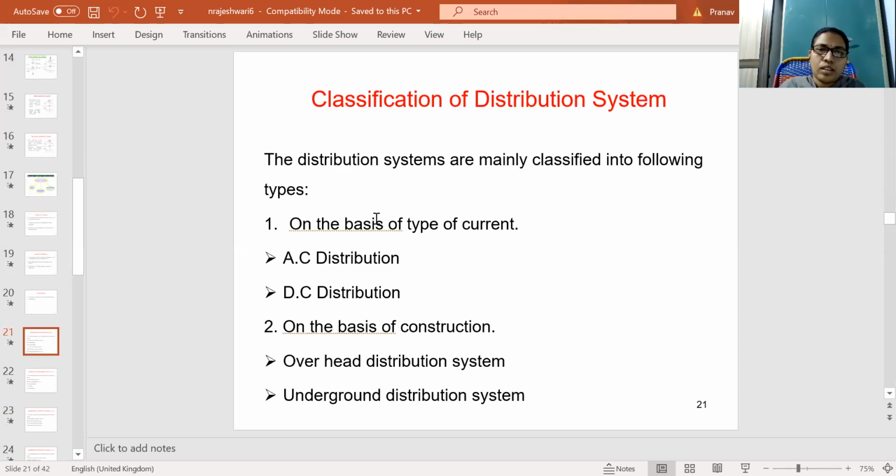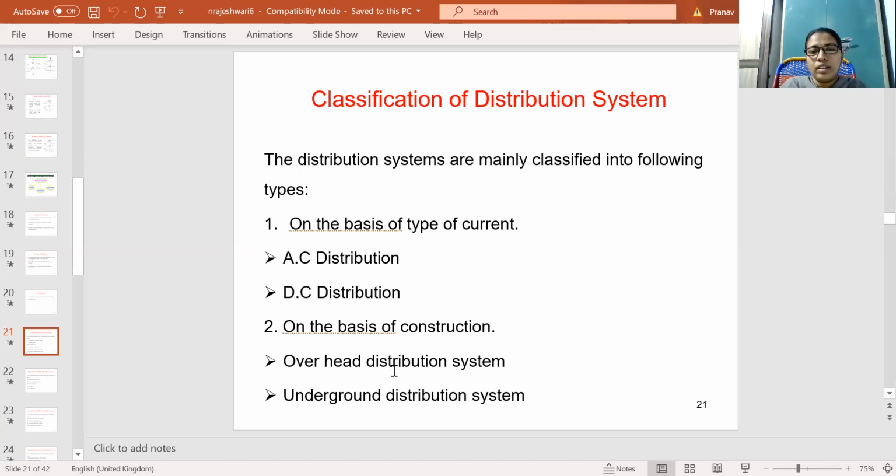First, on the basis of the type of current, there is AC distribution and DC distribution, that is, alternating current distribution and direct current distribution. On the basis of construction, there is the overhead distribution system and the underground distribution system. The underground distribution system uses cables for distributing the supply underground. In the overhead distribution system, transmission lines are required.